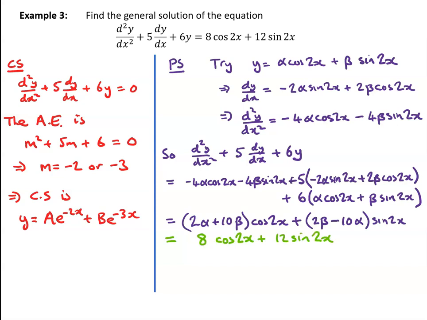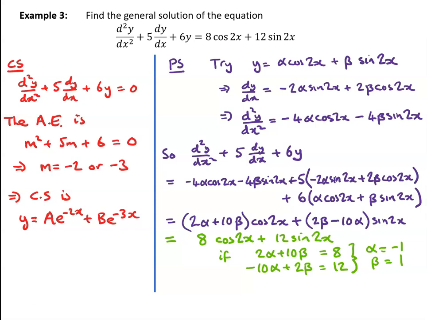So we need 2 alpha plus 10 beta to equal 8, and minus 10 alpha plus 2 beta to equal 12. That gives me alpha equals minus 1 and beta equals plus 1.